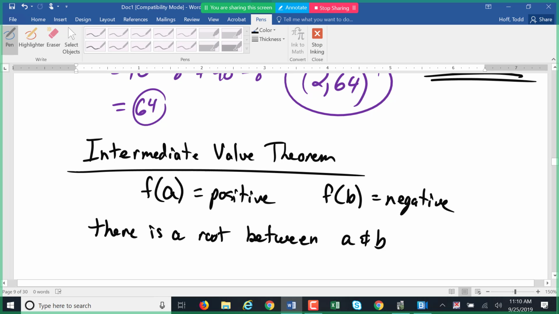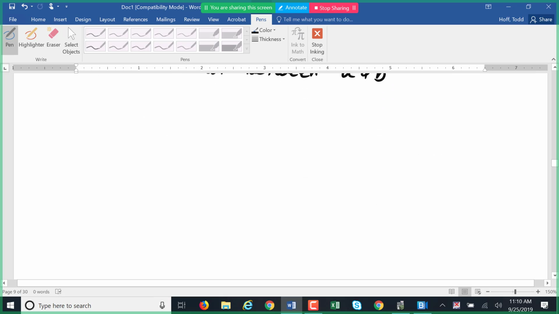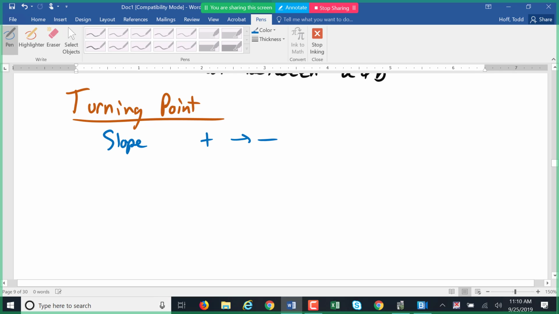Our turning points. This is a feature we haven't discussed yet. A turning point is where the slope either goes positive to negative or negative to positive. In other words, the graph goes from being increasing to decreasing or from decreasing to increasing. The point where it does that is called a turning point. So there's a turning point, there's a turning point.